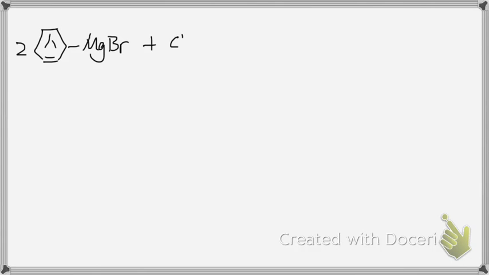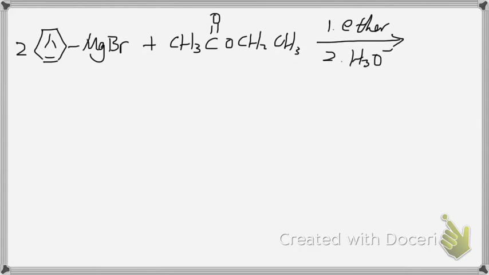All right, let's see the next reaction. Suppose we have two equivalents of a Grignard and we have an ester. Can you give the product for this reaction? Remember, the product will have an alcohol functional group.